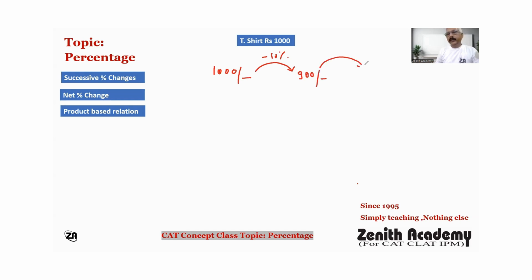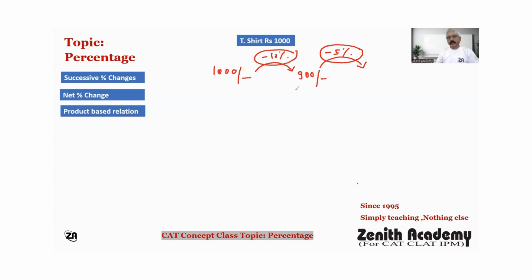And second, after bargaining, he offered you a 5% discount. So these are successive changes. First discount 10%, second discount 5%, right? So these are successive changes.